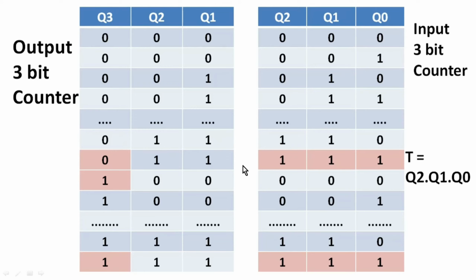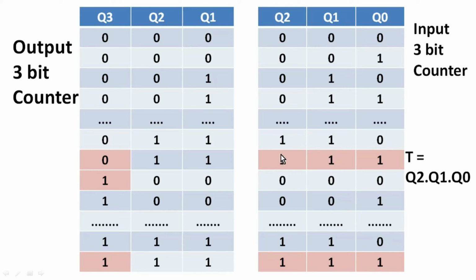In that case, I will take the help of the LSB bit of the input 3-bit counter. Although I have already used the MSB bits of the input 3-bit counter, that are Q2 and Q1, as the 2 LSB bits of the output 3-bit counter, which are Q2 and Q1 again. So this is the truth table of the input 3-bit counter. If we look at this point of time, when Q2 and Q1 are both high, Q0 is 0.